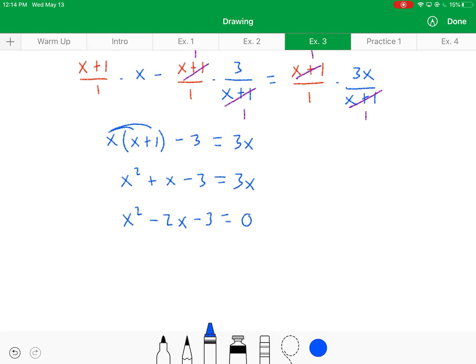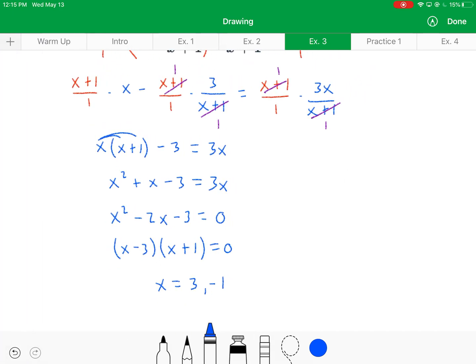And then we could try to solve this by factoring. If factoring didn't work, we would use the quadratic formula. This one does factor. x minus 3, x plus 1 equals 0, and I end up with two solutions, x equals 3 and x equals negative 1. Now make sure we check here.